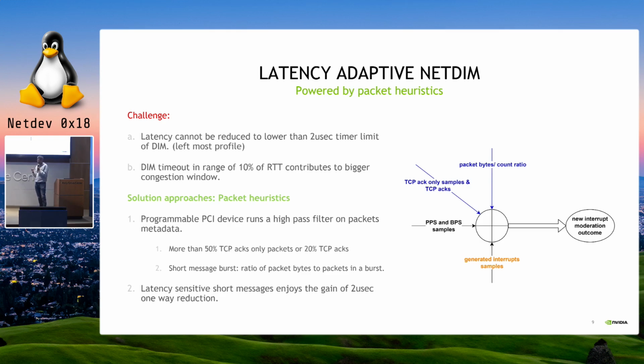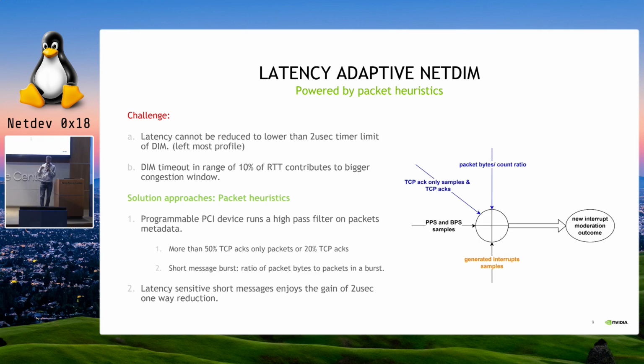For the DPU, there is packet metadata available for several of these packets. So we monitor the packet metadata, the TCP/ACK only packets, or in every batch being processed, what's the ratio of packet bytes to the packet count.